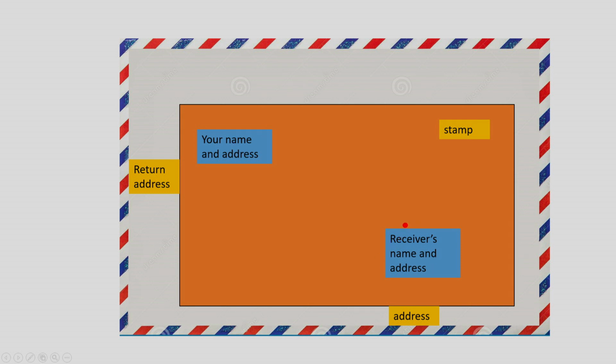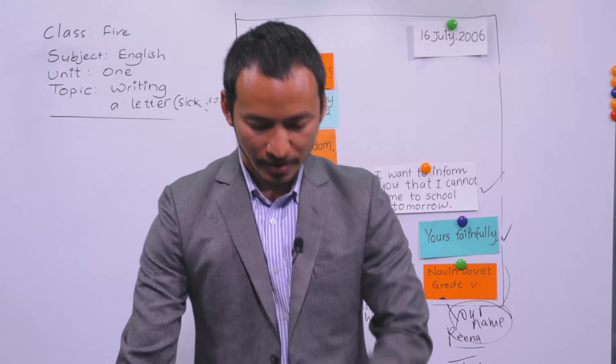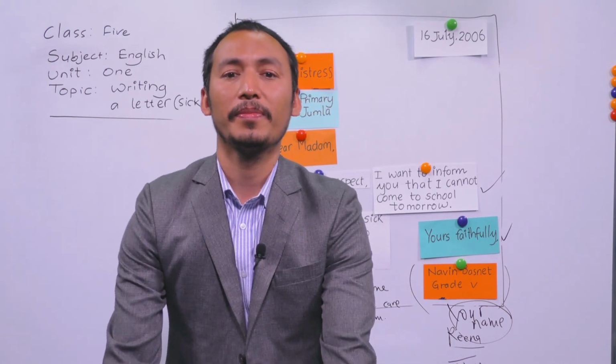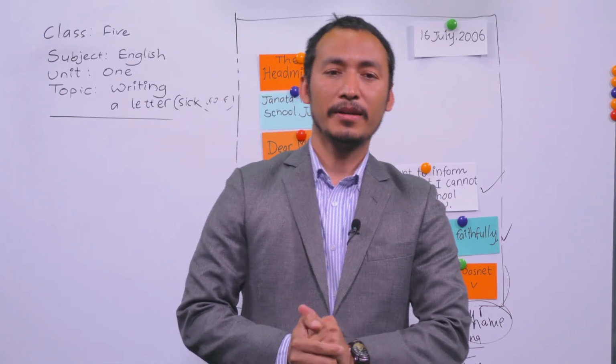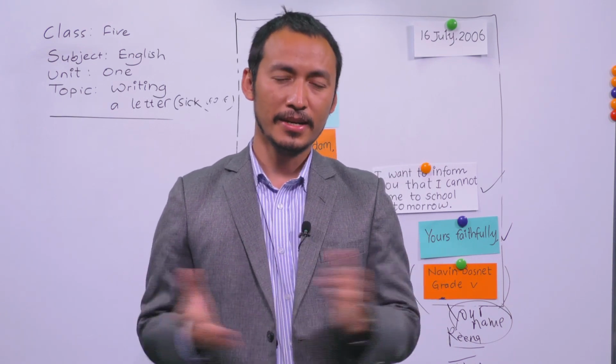If the receiver doesn't receive your letter, then it will come back to you. So this is your return address. Okay, thank you very much, students. This is your envelope, and you can create it after you finish your letter.